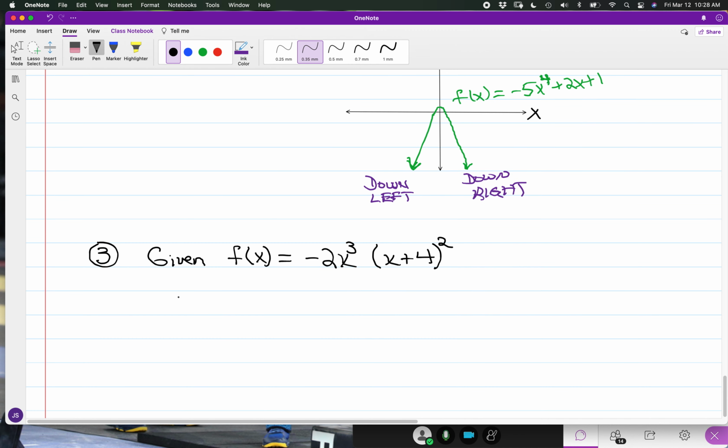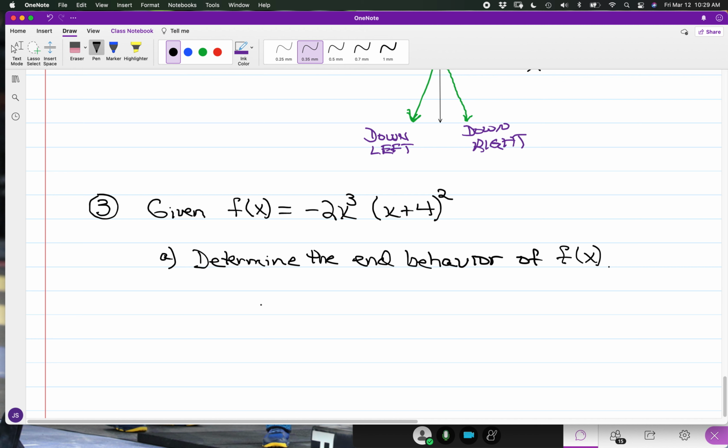First of all, if I were to determine the end behavior, this will probably take a little bit of getting used to, especially with functions given in factored form.